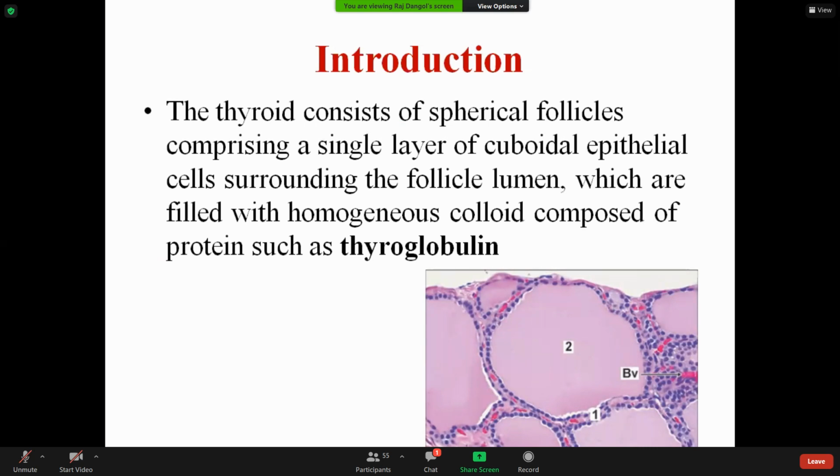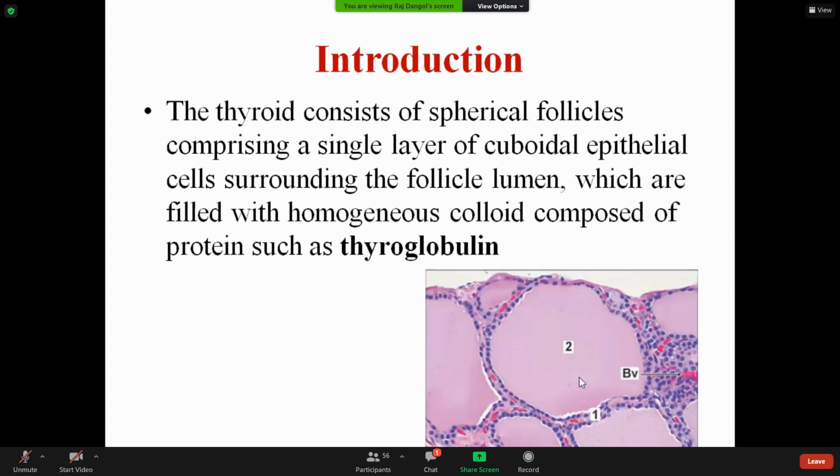These spherical follicles are composed of a single layer of cuboidal epithelial cells which surround the follicle lumen. So this is the follicle, and the follicles contain a single layer of cuboidal epithelial cells which surround the follicle lumen.